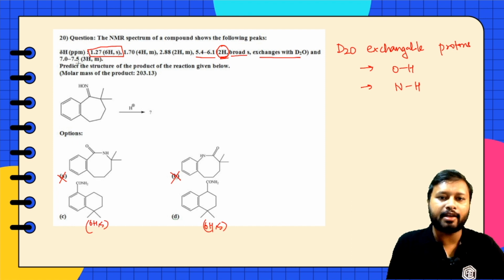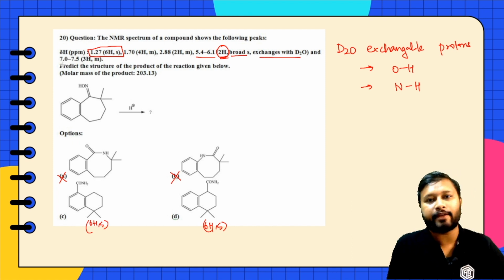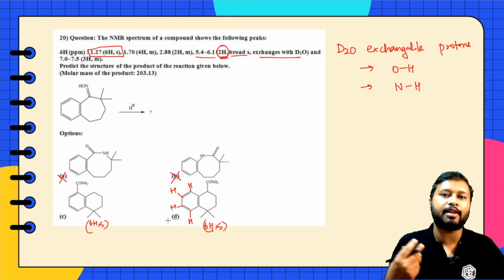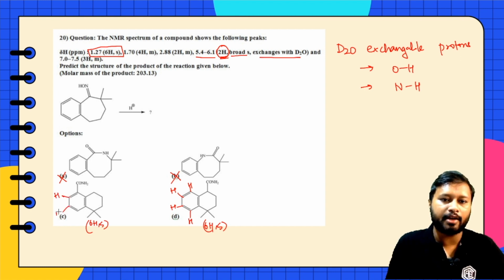Then in the aromatic region, from 7.0 to 7.5, there are 3 hydrogens. If you look at option D, you actually have 4 hydrogens in this aromatic region because of the absence of a plane of symmetry, whereas in option C only 3 hydrogens are in the aromatic region, which goes with the spectroscopic data we have.